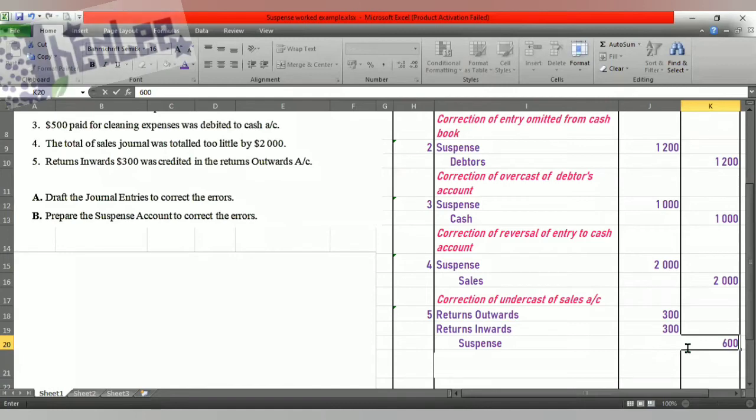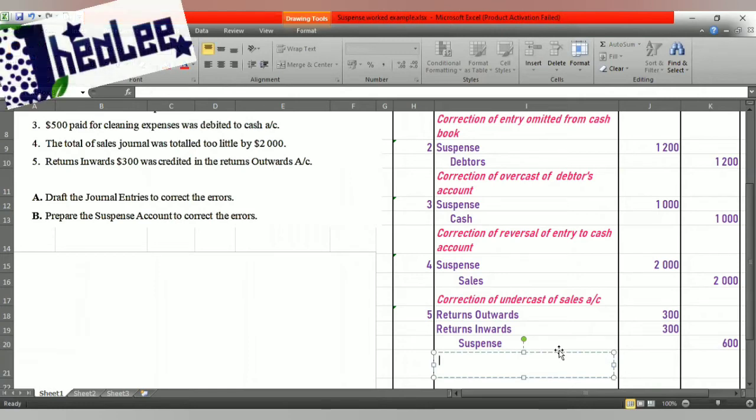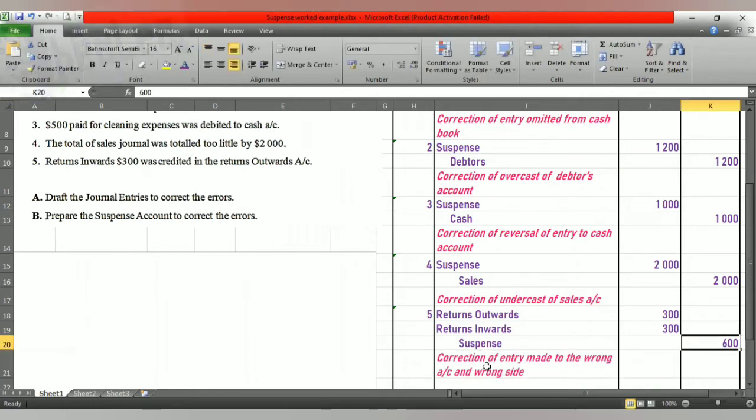To ensure that our credit has the same value that is recorded on the debit, we have to use our suspense account to complete the double entry with $600. What is our narration? Our narration is correction of entry made to the wrong account and wrong side.